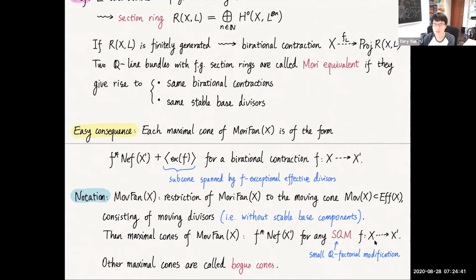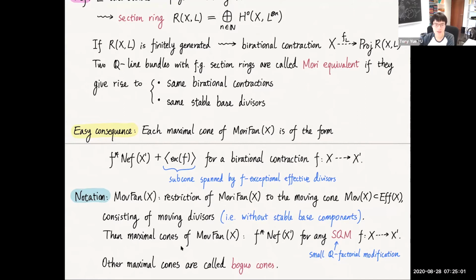Therefore, it is a small birational map or small birational modification. And we ask it to be Q-factorial. You can ignore this. It's just some technical condition in the definition of a Mori dream space.